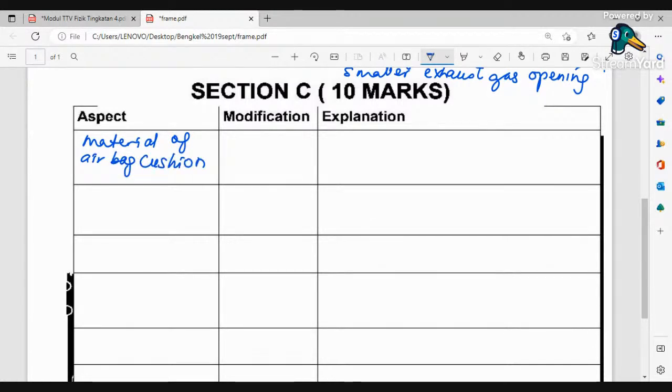Okay, dia punya material. And then yang kedua tentu nak bincang tentang size of airbag cushion. Okay, third maybe about the thickness of airbag cushion.